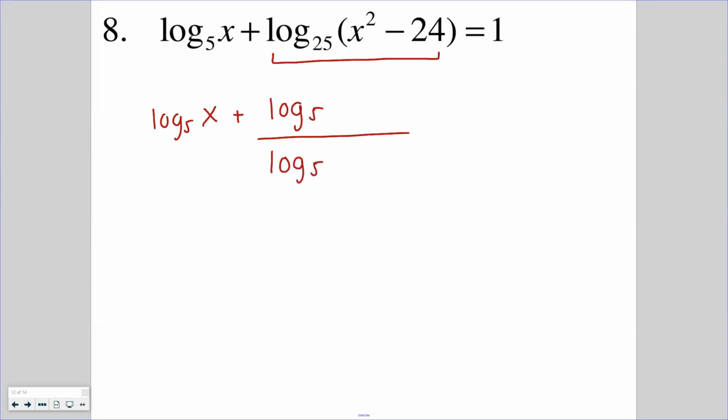Again, the change of base rule says we can pick any base we want. In the numerator, I'm going to have the log of our new base of our original argument, and in the denominator, it's going to be the log of our new base of our old base. So the new argument in the denominator is the old base.